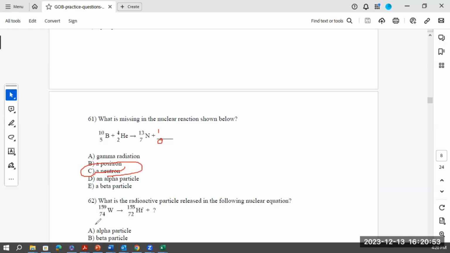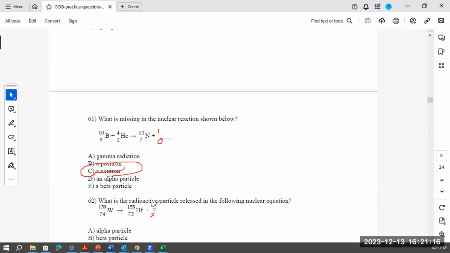Okay. Now down here, we have 59 on this side and we have 55 plus something. This one is 74 and 72. So what has to be down here at the bottom? A 2. And then what has to be up top?